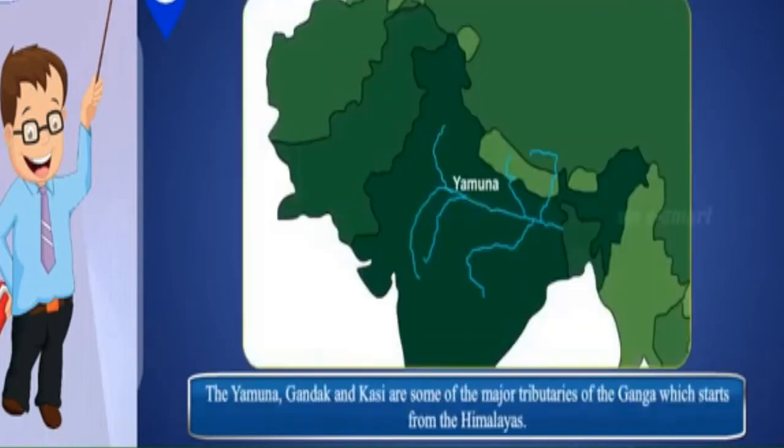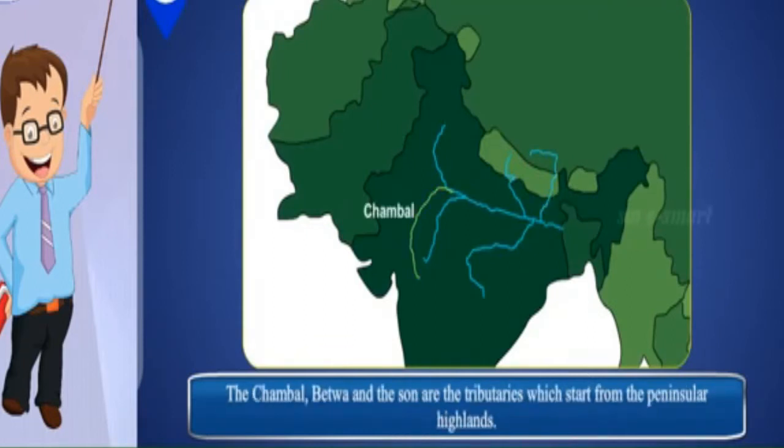The Yamuna, Gandak, and Kosi are some of the major tributaries of the Ganga which start from the Himalayas. The Chambal, Betwa, and Son are tributaries which start from the peninsular highlands.